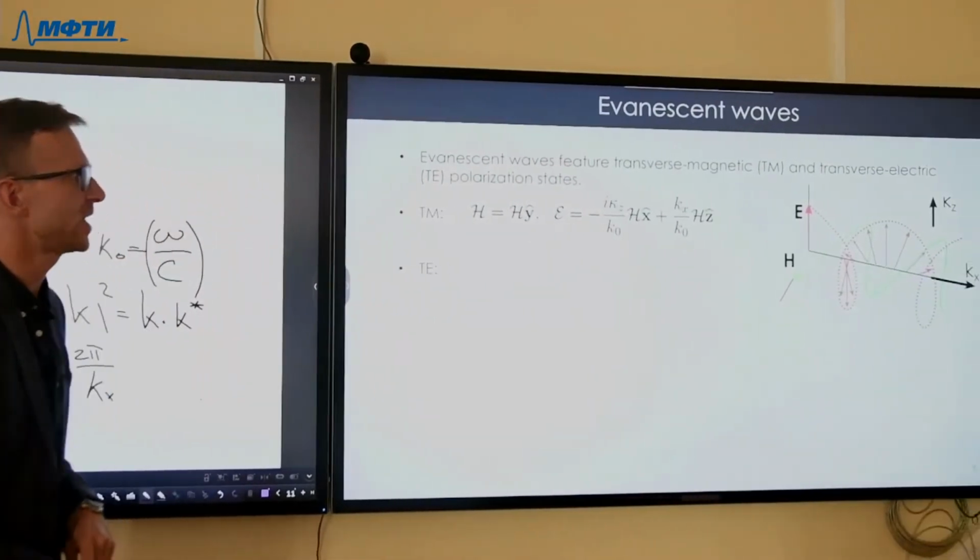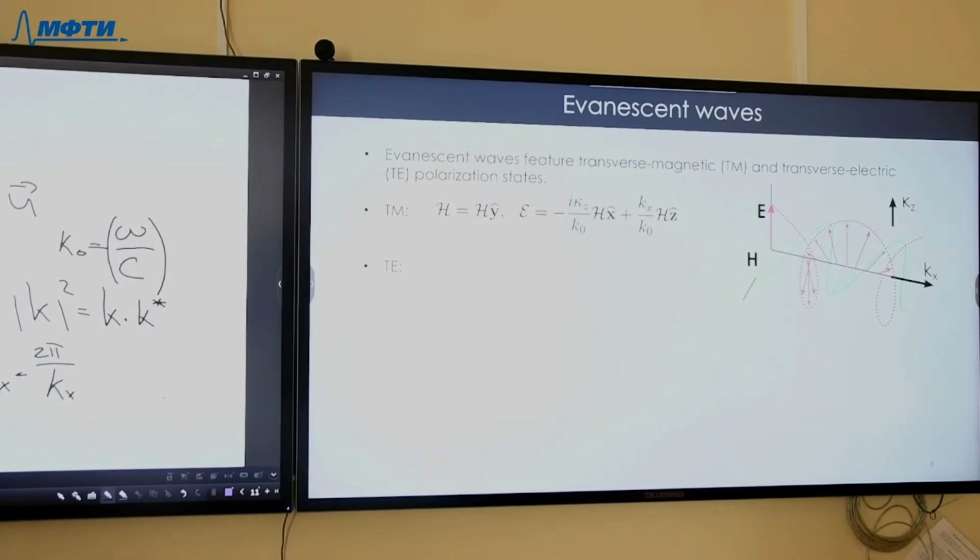And this is a sketch that illustrates how the electric and magnetic fields are distributed spatially. So if you were to consider, again, our example of evanescent wave, whose wave vector lies in the xz plane, and if you were to make an instantaneous snapshot of the electric and magnetic fields, you would see something like this.